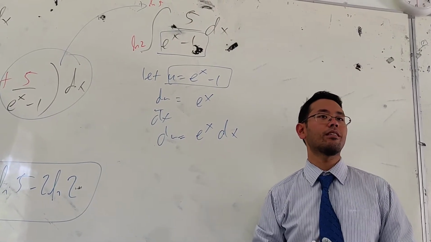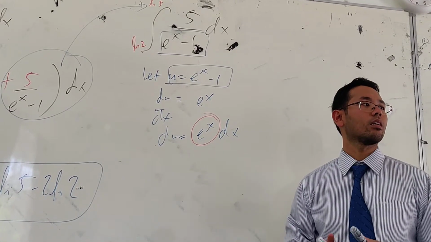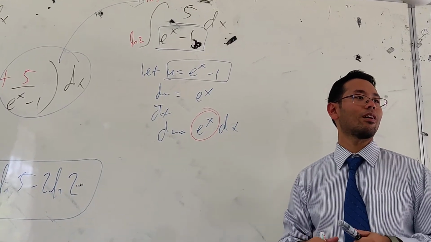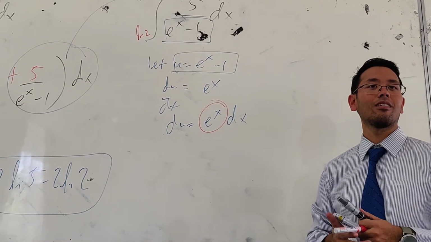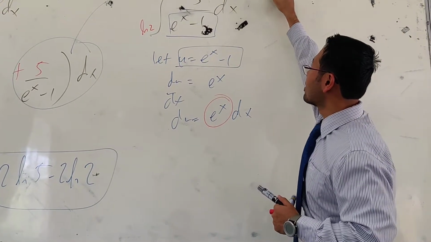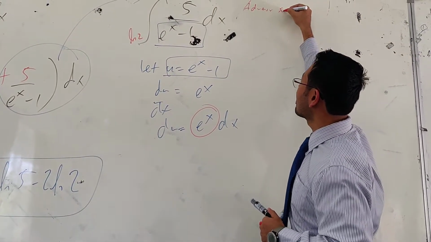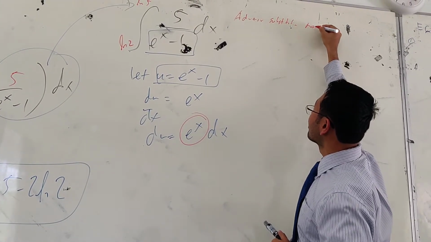We only have dx. What should I do with this e^x? Substitute out. This is the advanced substitution. Okay? If I were to give the name, I say it's an advanced substitution manipulation.